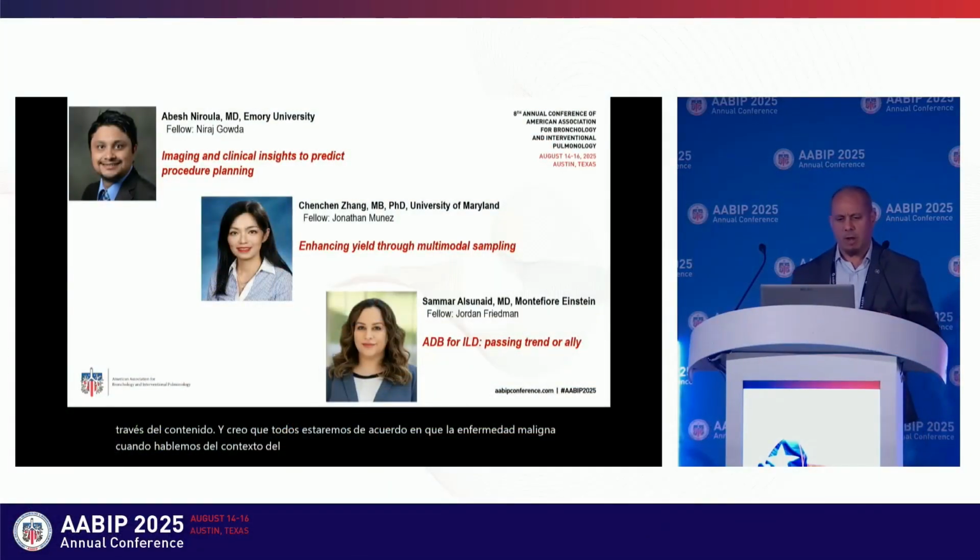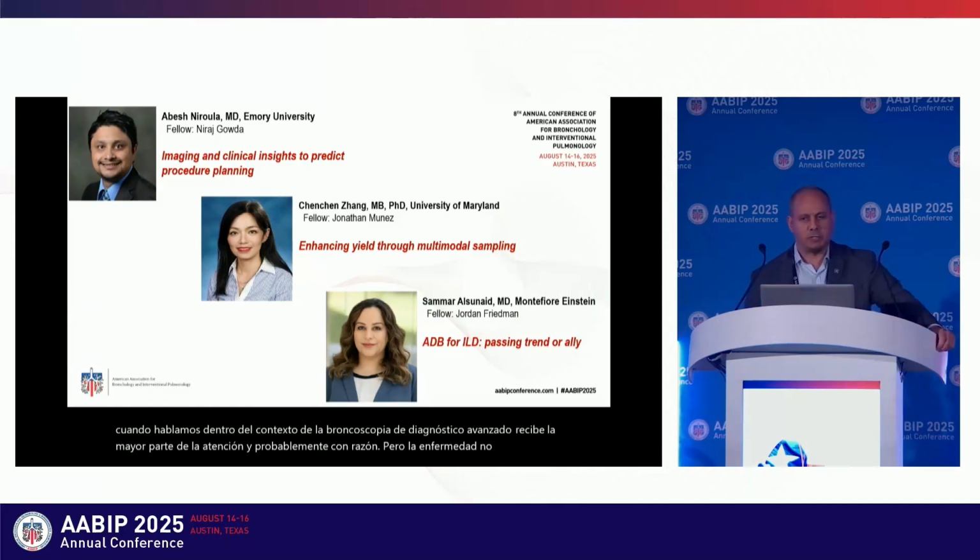So this is our panel today. We have 3 great speakers who are going to be guiding us through the content, and I think we'll all agree that malignant disease, when we're talking about it within the context of advanced diagnostic bronchoscopy, gets most of the attention, and probably rightfully so. But non-malignant disease, of course, deserves quite a bit of consideration. First off, it's always on the differential.